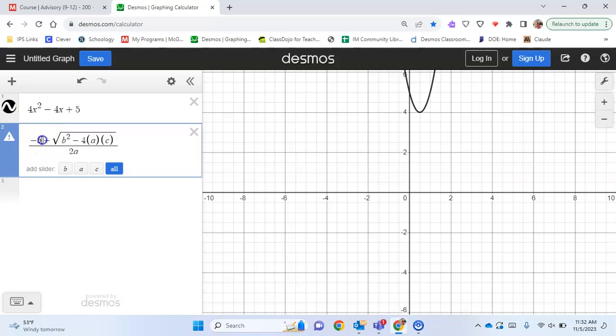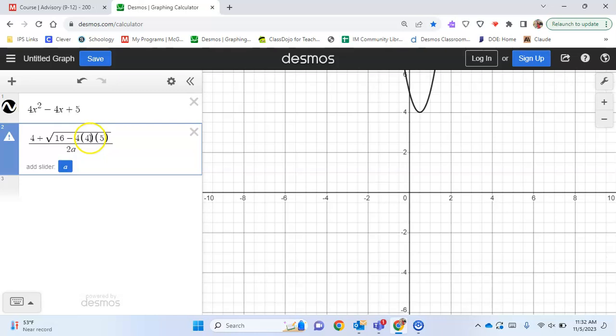The opposite of B would be +4. 4 squared would be 16, and 4 times 4 times 5, C is 5.